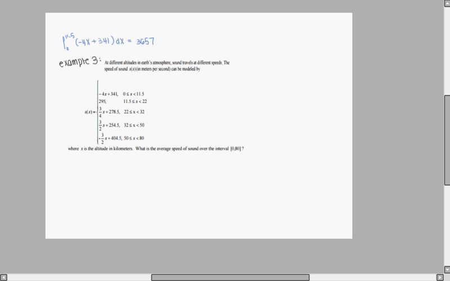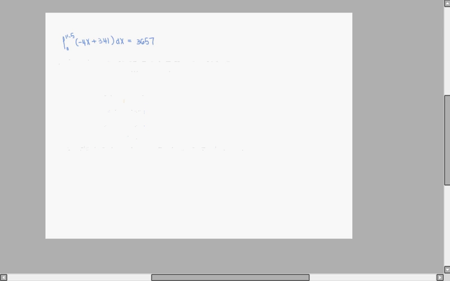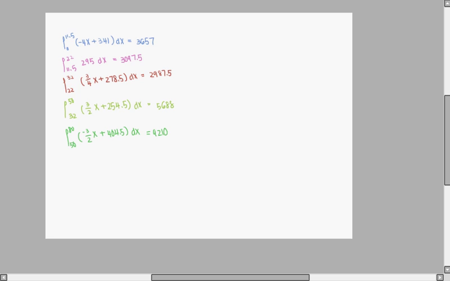And we're going to do that for all 5 equations. So you get all these answers, and then you add them up. So you get the integral from 0 to 80 of s of x dx equals 24,640.